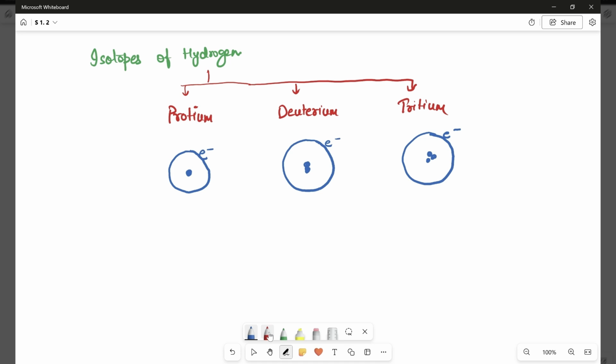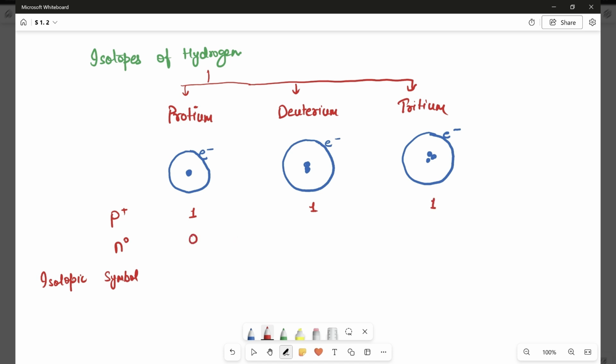So when we write in terms of what they have, let's say proton number, neutron number, right? And we'll see the symbol, how we can represent isotopic symbols. They have one proton, they also have one proton, they also have one proton.